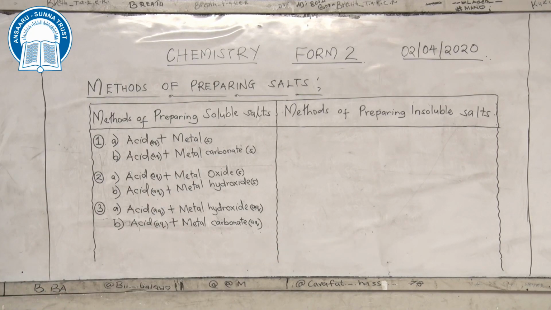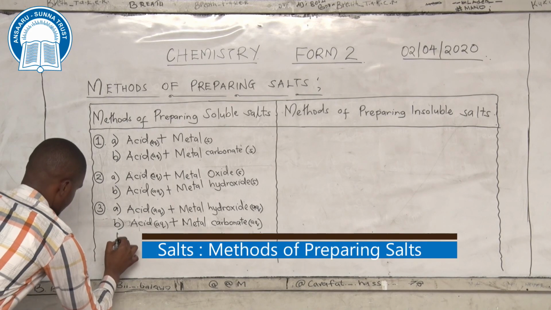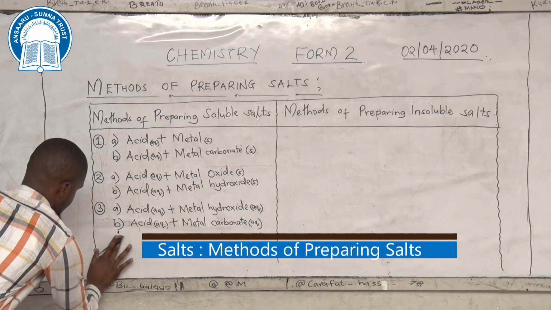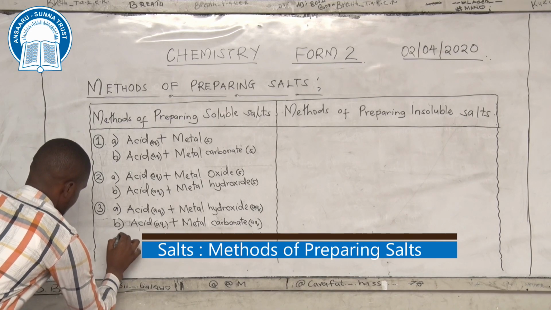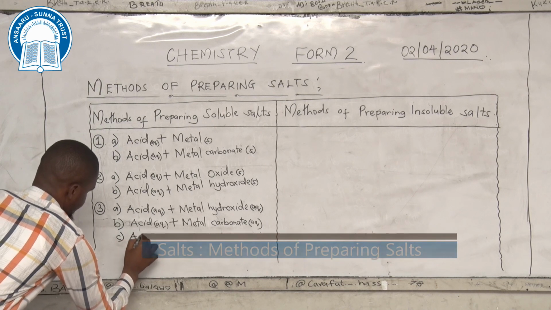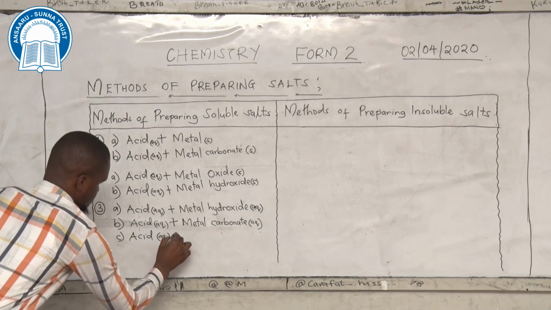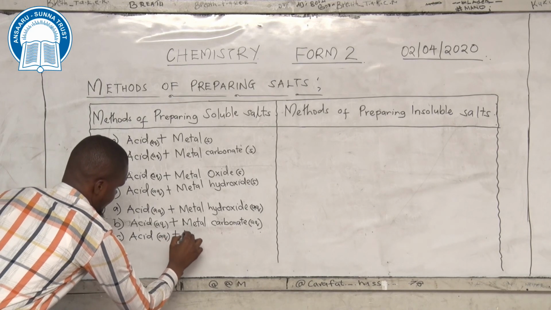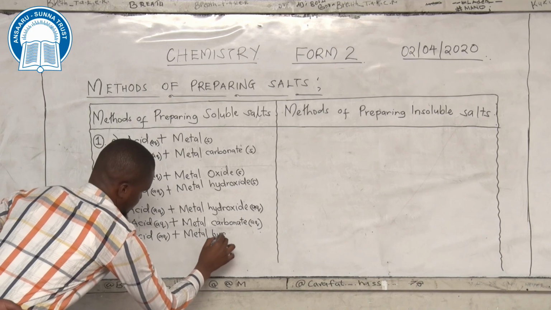It can also be C: in the place of a carbonate, you can also have an acid plus a metal hydrogen carbonate.